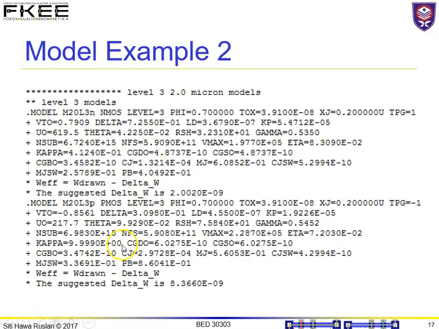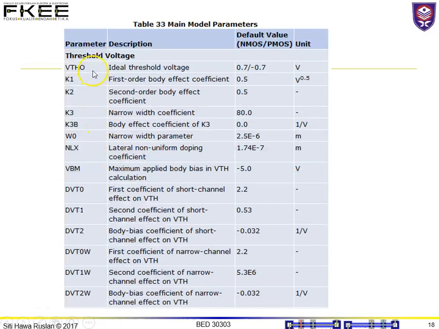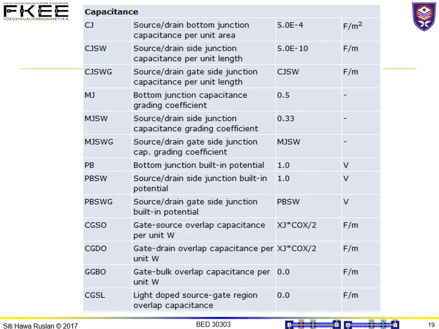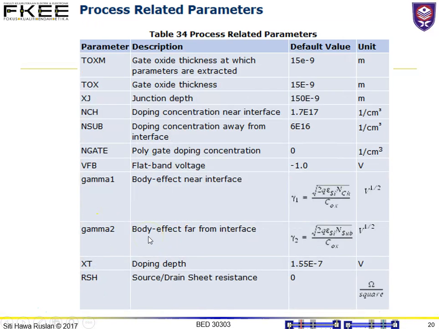VTH0 is the ideal threshold voltage, for example, DVT0 is the coefficient of short channel effect, and so on. There are so many parameters. CJ, just now I mentioned the junction capacitance, so this is the source drain side junction capacitance, CJSW, CGSO between gate source overlap capacitance, and so on.